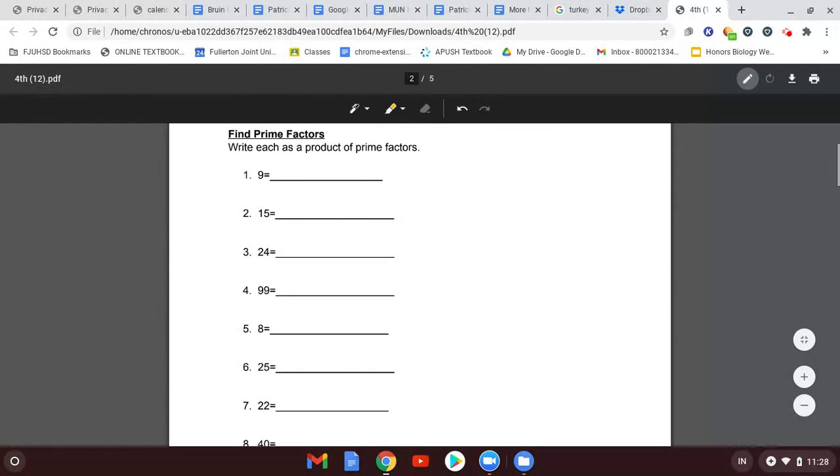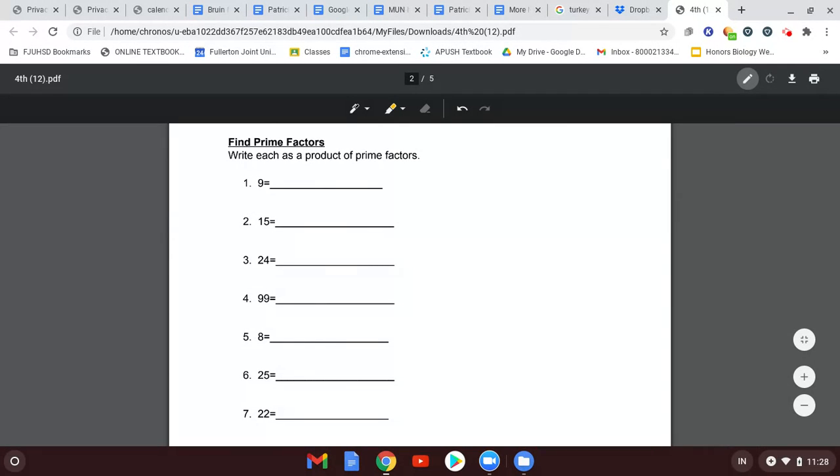Okay, write each number as a product of prime factors. So what this means is, as you can tell, 9 is not a prime number because it can be made by 3 times 3. However, 3 is a prime number because the only way to get 3 is 3 times 1.